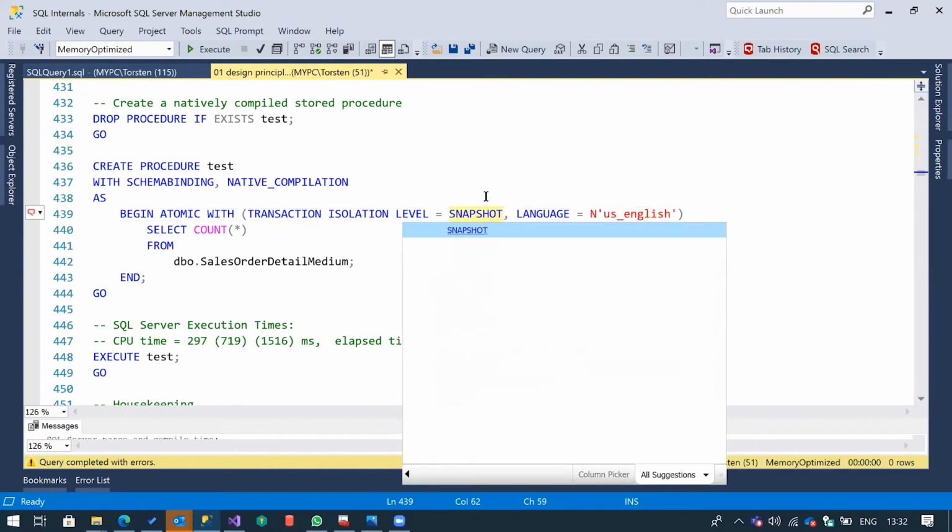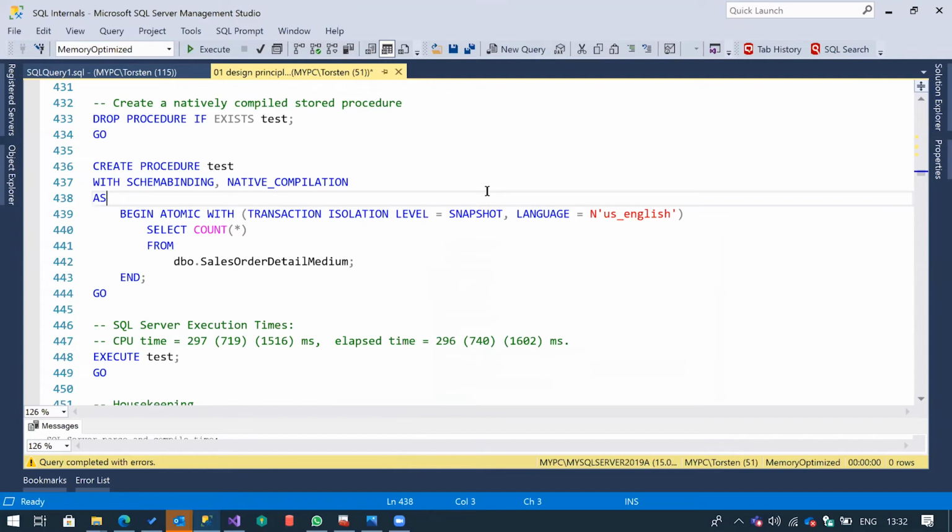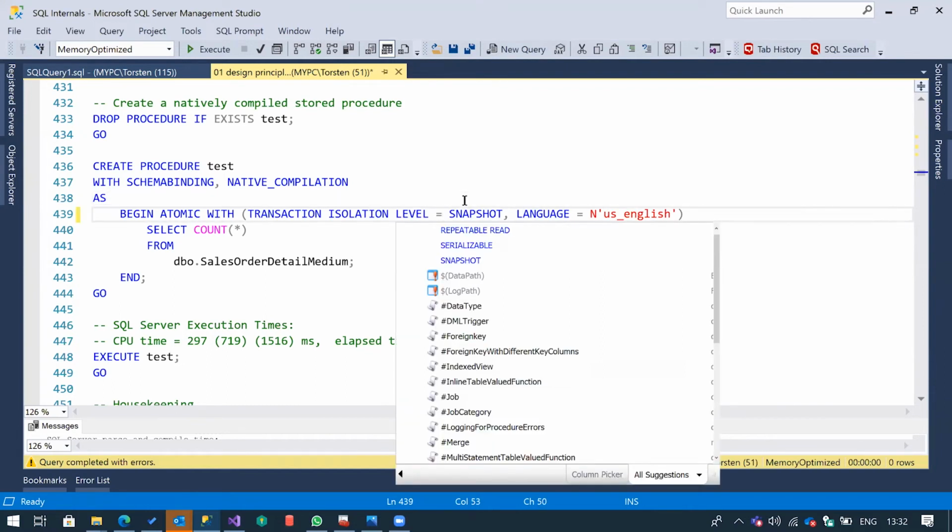It really depends what you want to see. And these transaction isolation levels are completely different from the snapshot, serializable, and repeatable read isolation levels you know from the traditional engine. It is definitely different. Do not compare the transaction isolation levels here. They work differently.